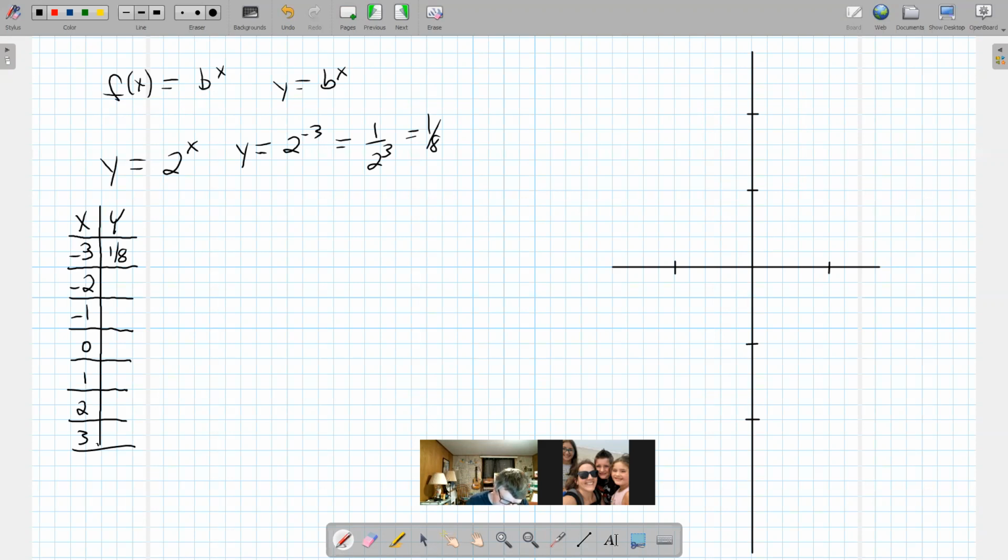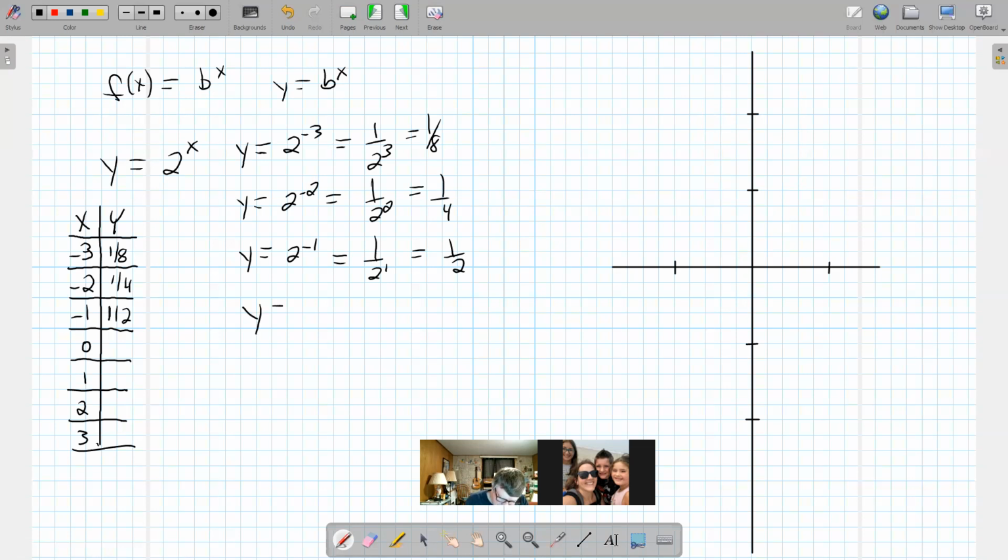All right. If x is -2, y equals 2 to the -2 power, which is 1 over 2 to the +2 power, or 1/4. When x is -1, y equals 2 to the -1 power, which is 1 over 2 to the +1 power, or just 1/2.